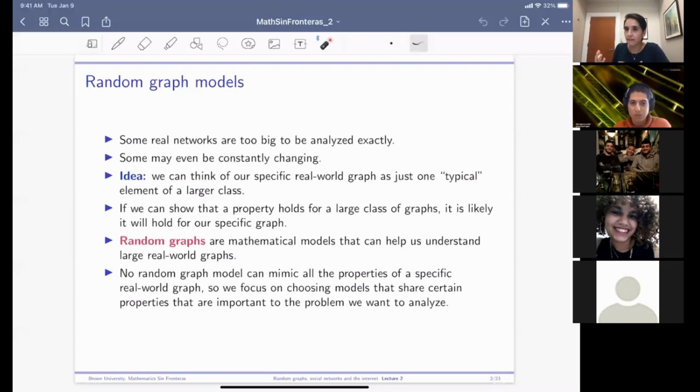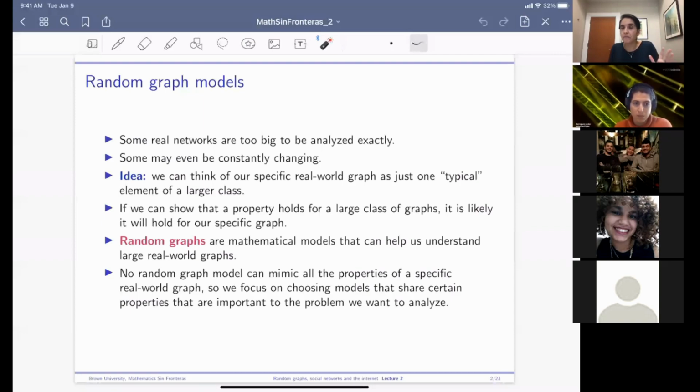Well, once we have a random graph model that can generate many different realizations of that model, if we can say something about properties that almost any realization from that model will have, then it tells us something. If our real graph, the Facebook graph today, let's say, shares enough properties with this random graph model, maybe the same properties that we show on the random graph model are going to be true for the graph that we're interested in.